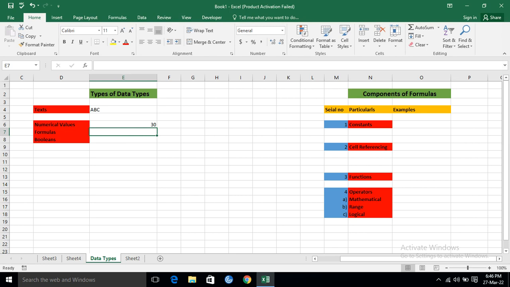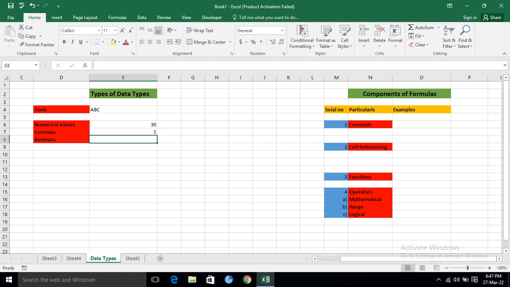Formulas are used for calculation. So for calculations you have to start with equal to or plus sign. Then only you will be able to compute whatever you need to compute.